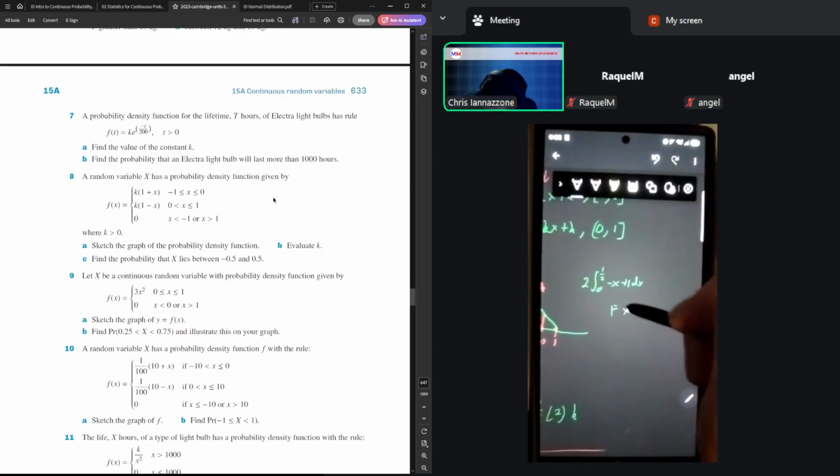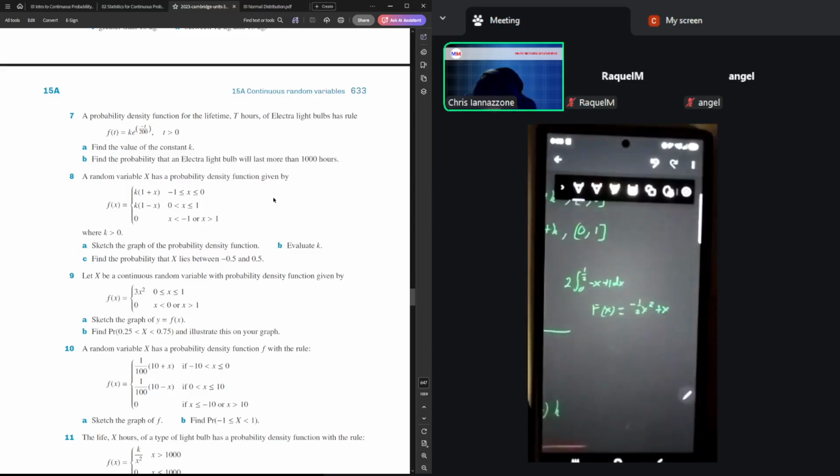Capital F of x is therefore, so x will go up to minus half x squared, plus 1 will go up to plus x.